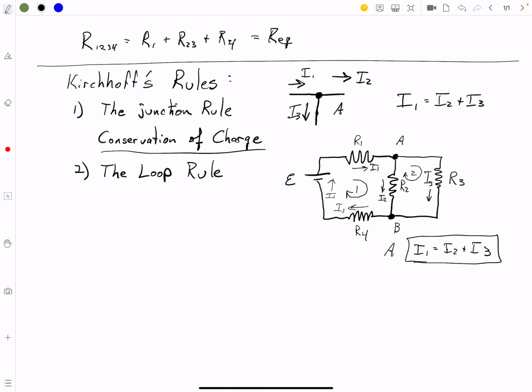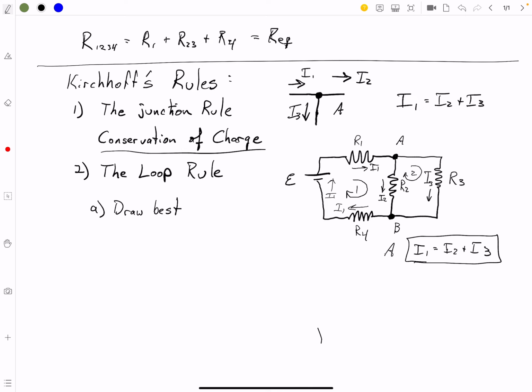So what is the first thing that you want to do? You want to draw your best guesses for the currents. Why do you want to draw the best guess? If you're pretty sure that the current across R1 is going to flow in the I1 direction the way I've got it, then you want to do that, right? Because if you have it flipped around, then you'll end up with a negative I1, which means you wrote your I direction backwards.